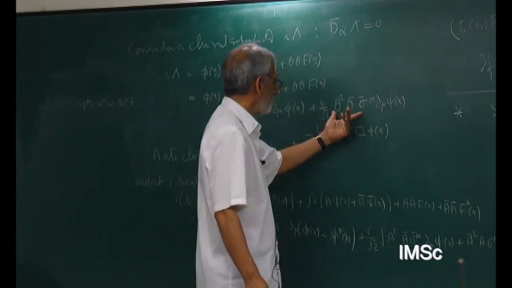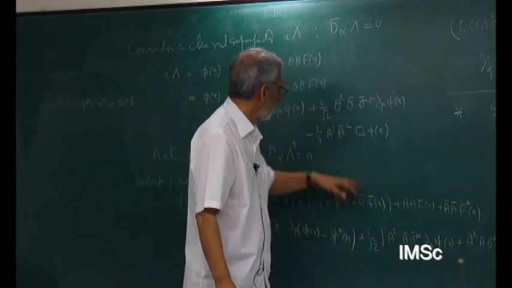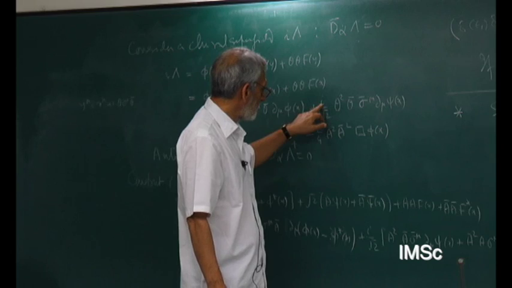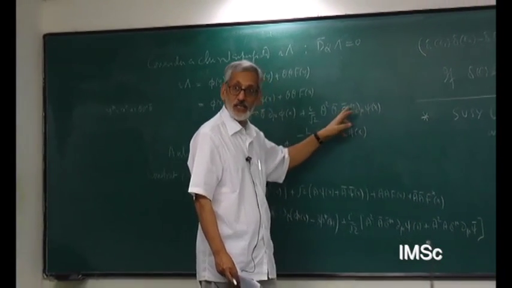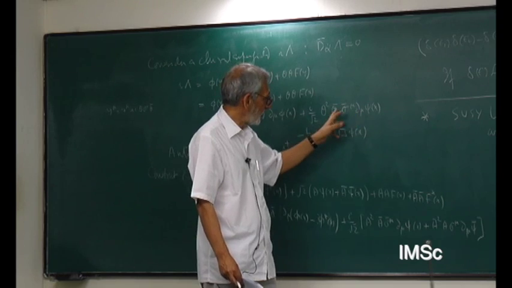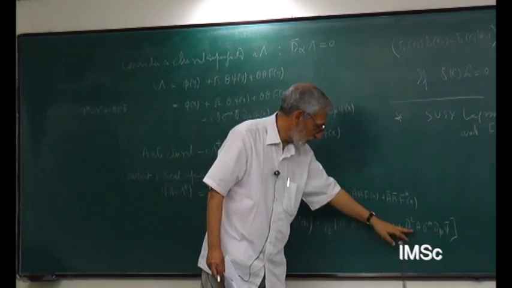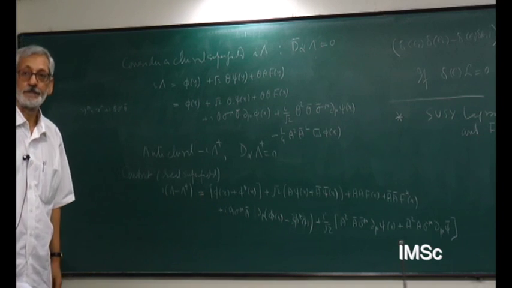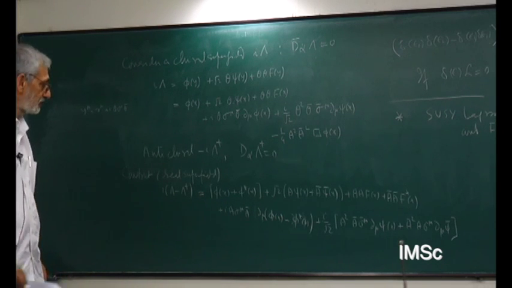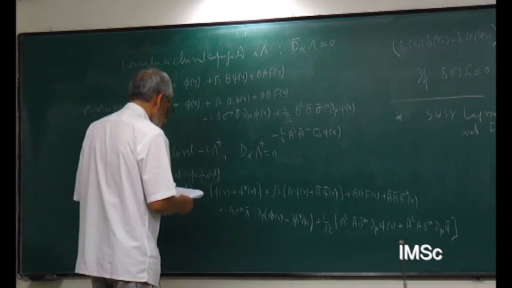So this term and its conjugate would be minus this, and these terms interchanged, but use the identity that you can get it back by changing a sign, and that's what I've done here. Then the last term.